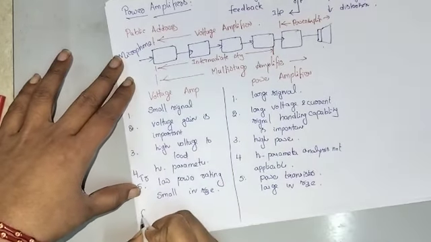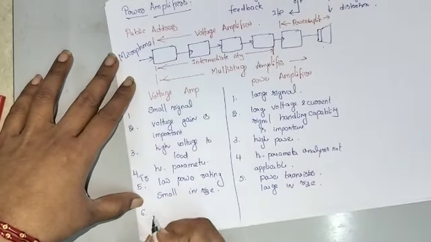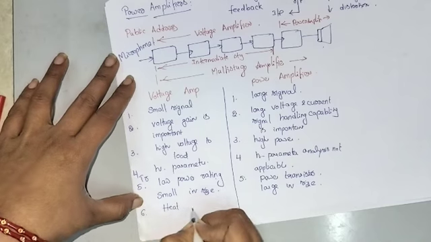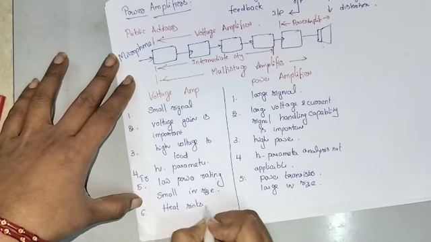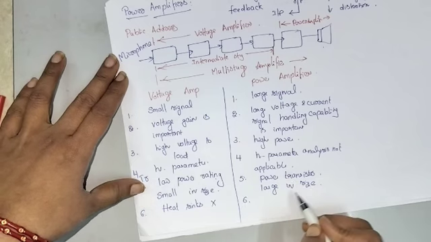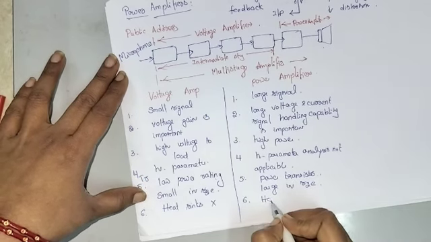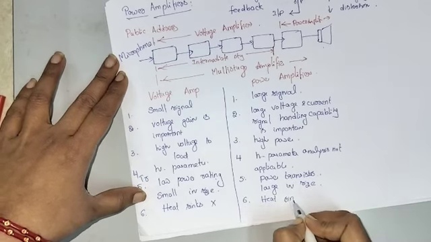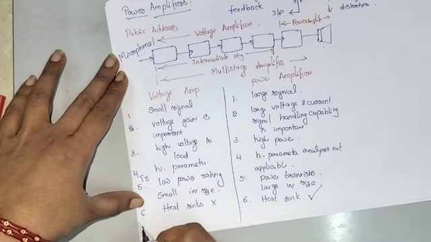Because of small size and low power rating, heat sinks are not required in voltage amplifiers. Because of large power rating and large size, heat sinks must be present here. Heat sink requirement is necessary.